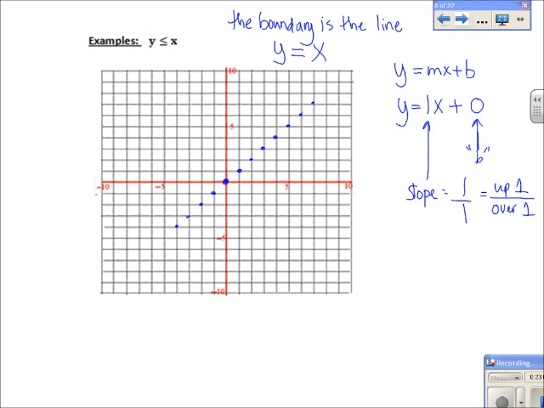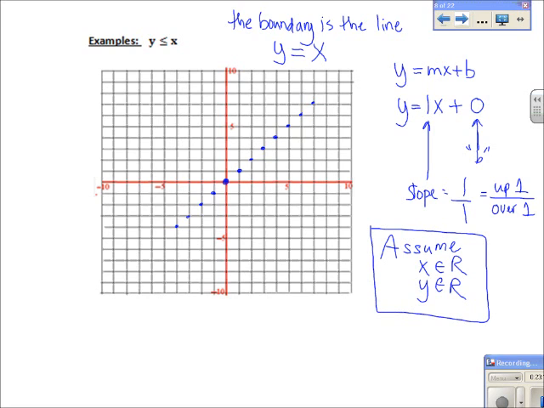I see here that I have no restrictions, so I'm going to assume, again, that this solution set is continuous. I'm going to assume that x is a member of the real numbers and y is a member of the real numbers. So we don't see any restrictions, so I can make that assumption. That's okay to make. The next thing I need to do is decide whether to use a dashed line or a solid line to connect these points.